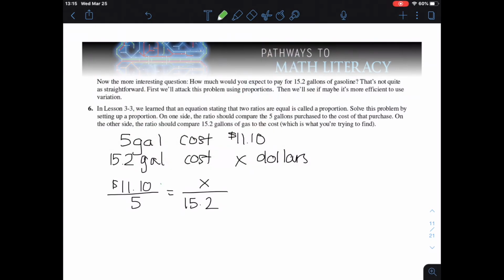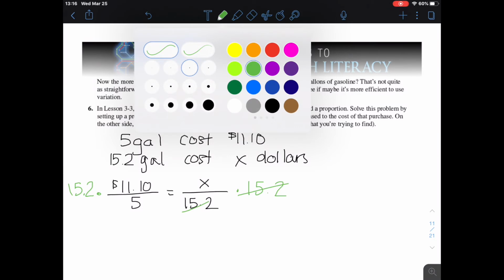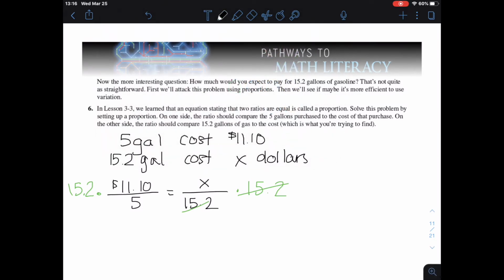To solve this, we cross multiply, or really, because I have the X up top, I multiply this side by 15.2 and do the same over here, so we can solve for that unknown X. The 15.2's cancel, and we get 15.2 times 11.10, that'll be 168.72, over 5 is going to be the price for the 15.2 gallons.